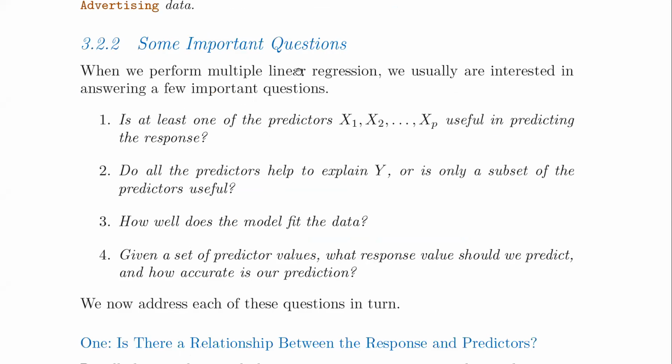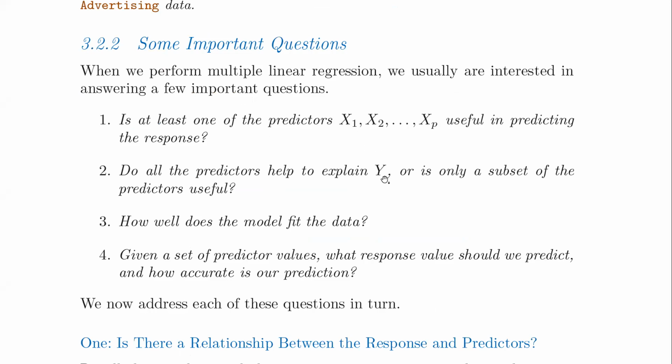Let's just go over for a second time these 4 questions that arise quite naturally when we're regressing on multiple predictor variables. We are, of course, referring to the variables that we typically denote by x1, x2, until xp.